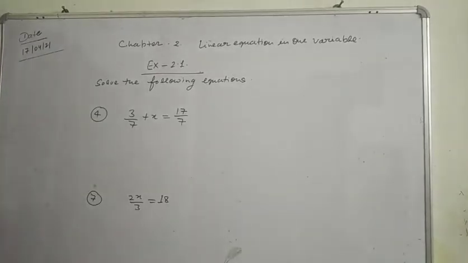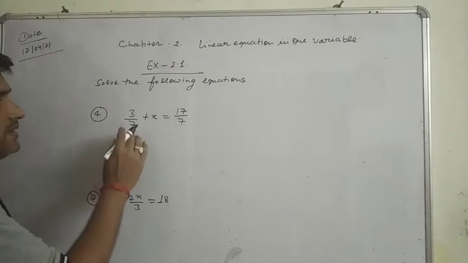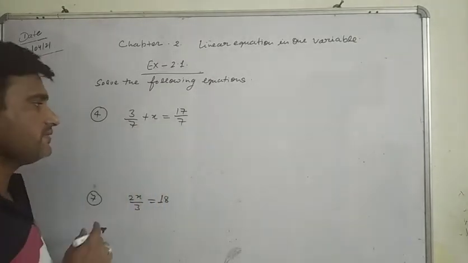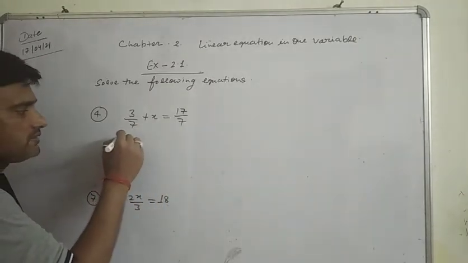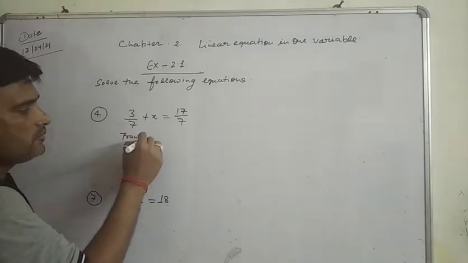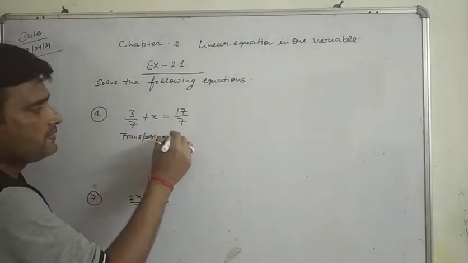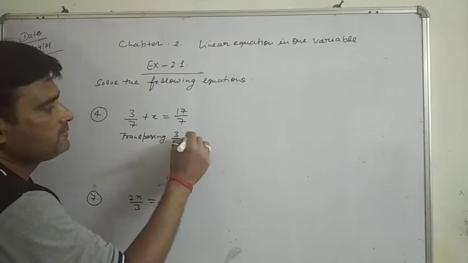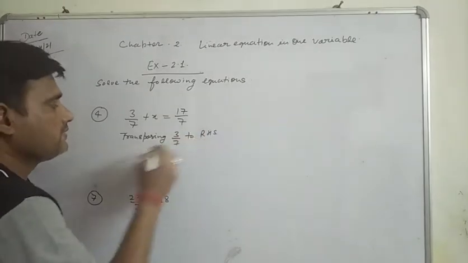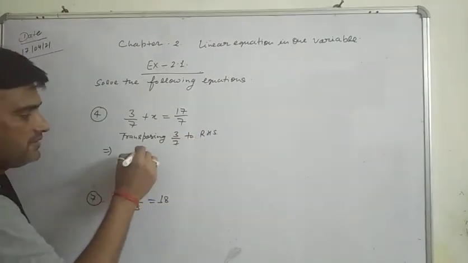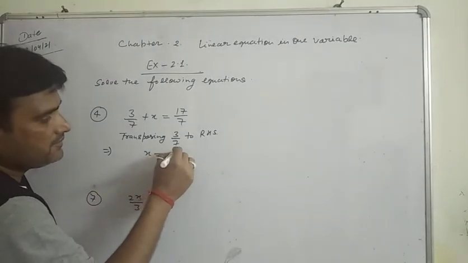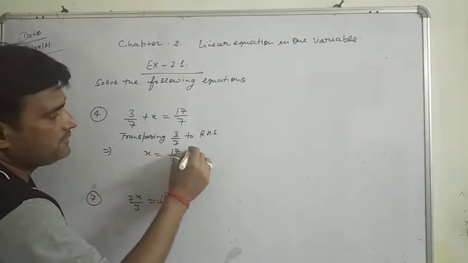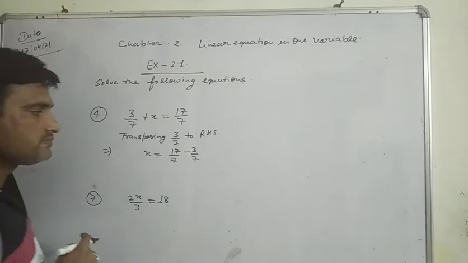Now we solve question number 4. 3/7 + x = 17/7. Now transposing 3/7 to RHS, we can see that x = 17/7 - 3/7.